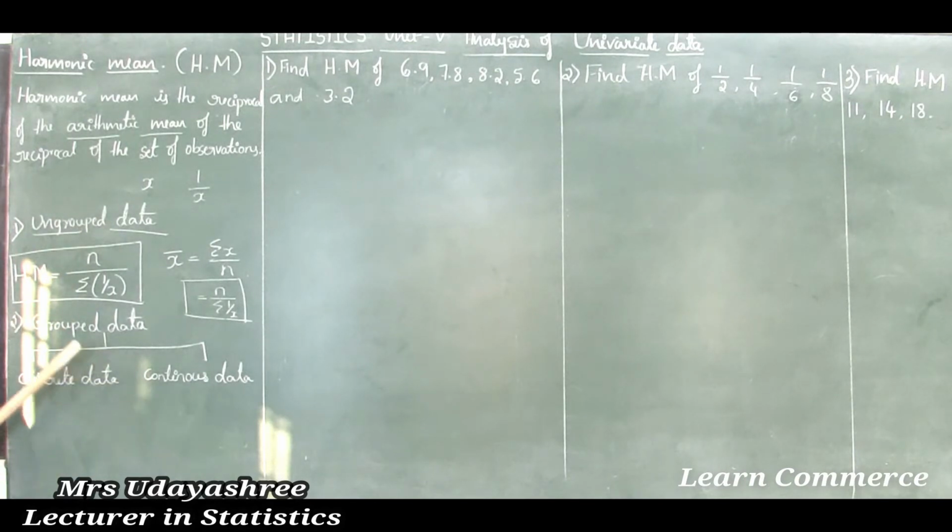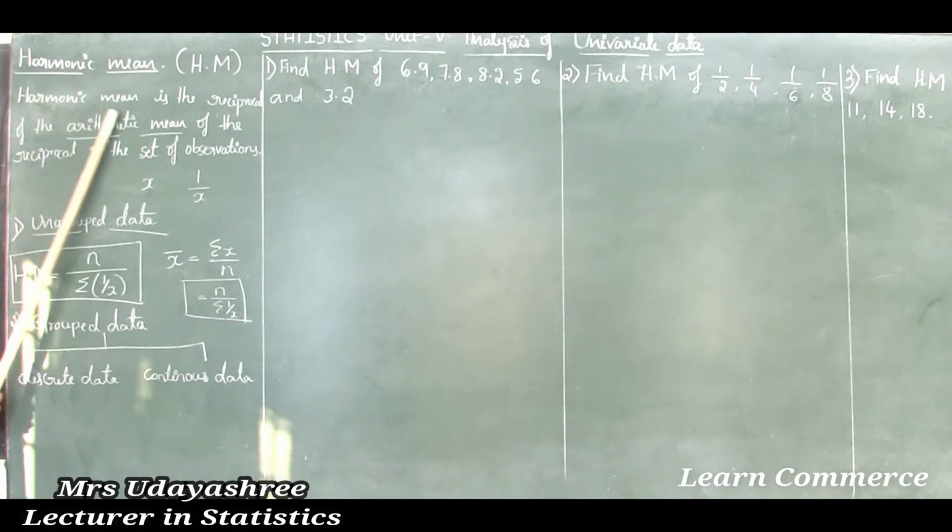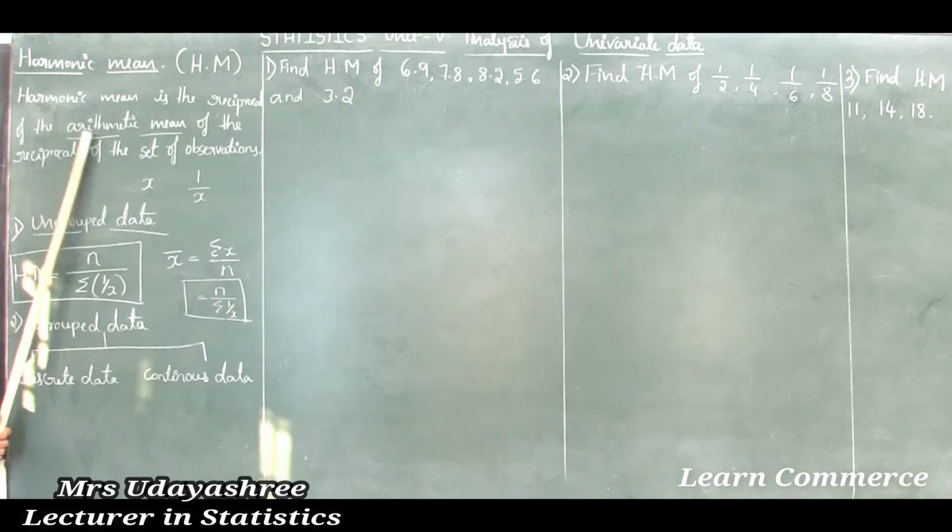Okay, next let's see the grouped data. In grouped data we know that there are two types, one is discrete data, another one is continuous data. See the definition of harmonic mean: harmonic mean is the reciprocal of the arithmetic mean.